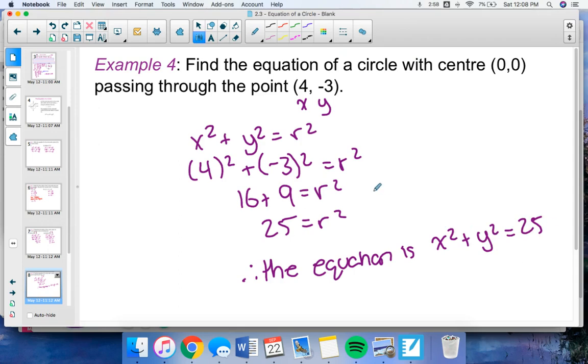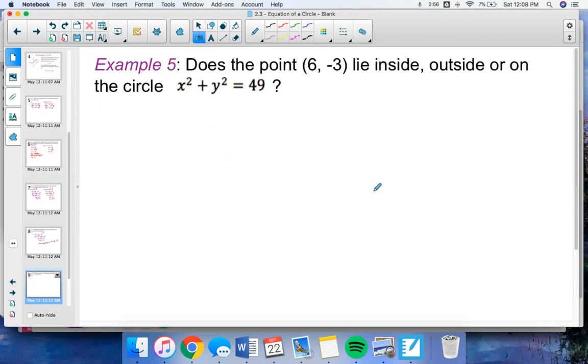Last example, I believe. Does the point 6, -3 lie outside, inside, or on the circle with the equation of x squared plus y squared equals 49? So, pause, think of what you could do, what information you have. So if this is our x value, and this is our y value, we can sub those values in.